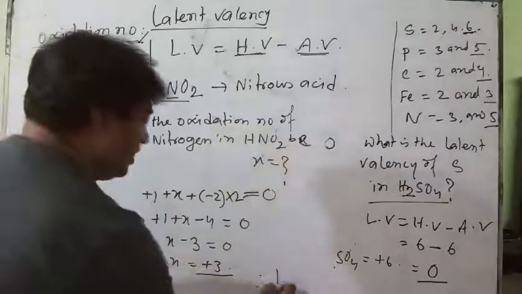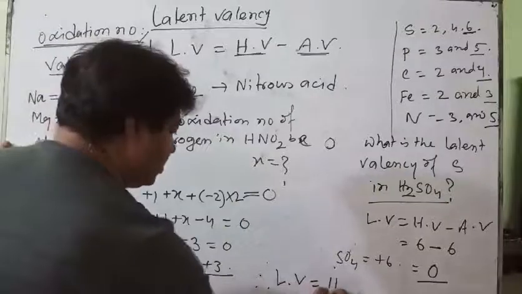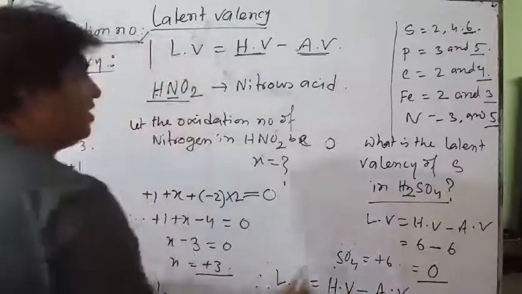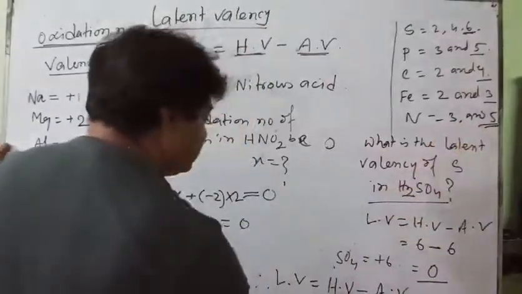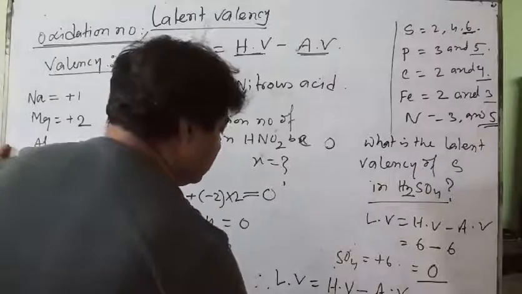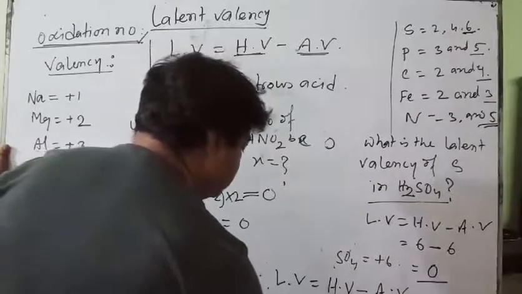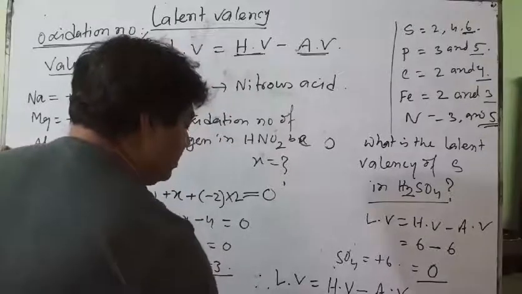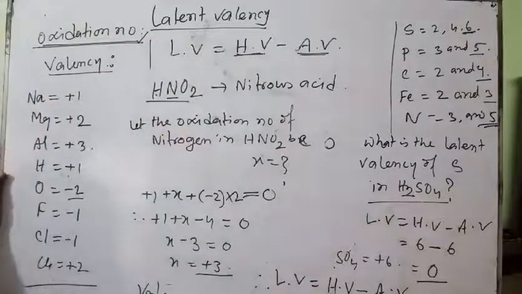Therefore the latent valency of nitrogen equals highest valency minus active valency. Highest valency is 5 and active valency is 3, so the latent valency is 2. The latent valency of nitrogen in nitrous acid is 2.